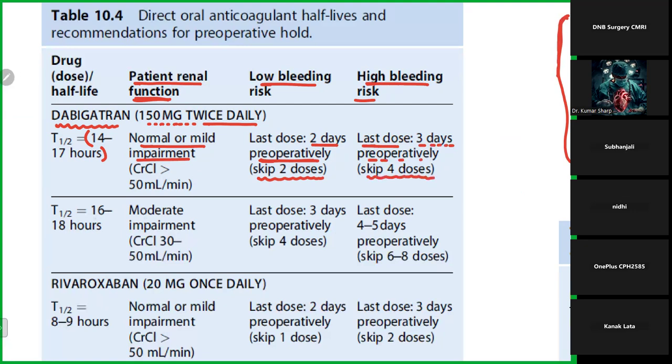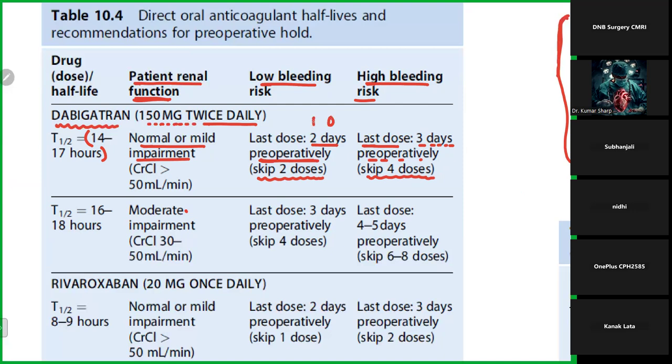2 days means we are skipping actually 4 doses. So 150 milligram twice, isn't it? Sir, actually, they have taken the day of the OT in this column. So day 0 and the day before.